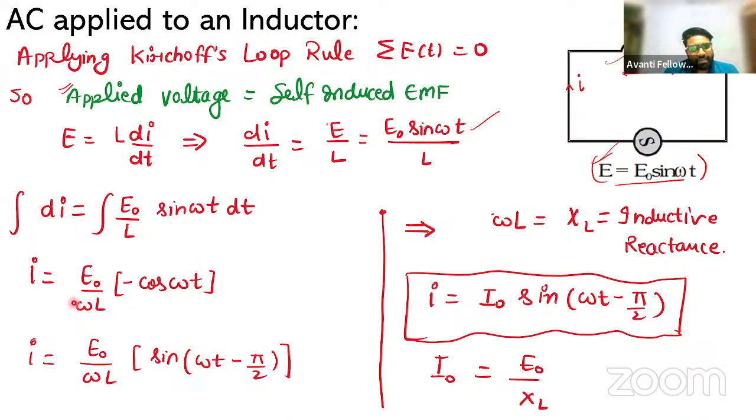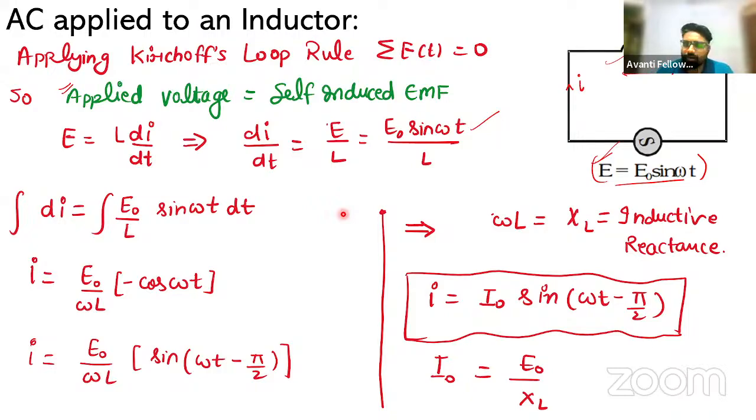So this omega is multiplied with the inductance. This omega L seems like E naught by R, V by R. It seems like resistance to the circuit. So this inductor also provides a resistance to the circuit, which is termed omega L and called inductive reactance.